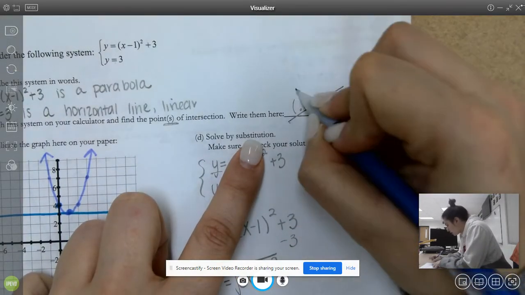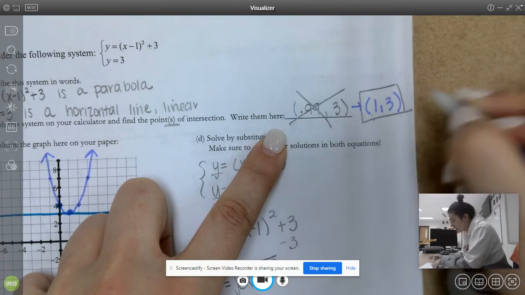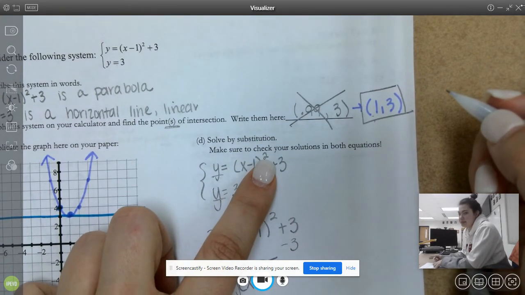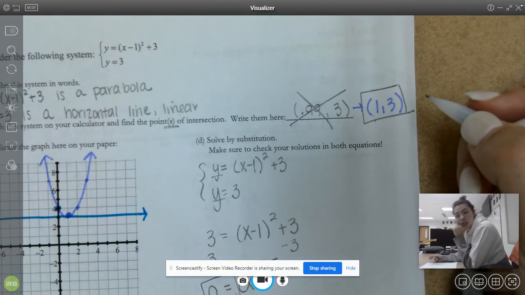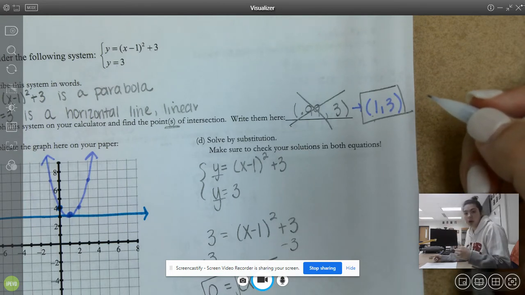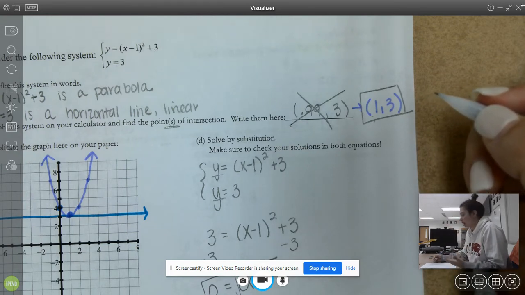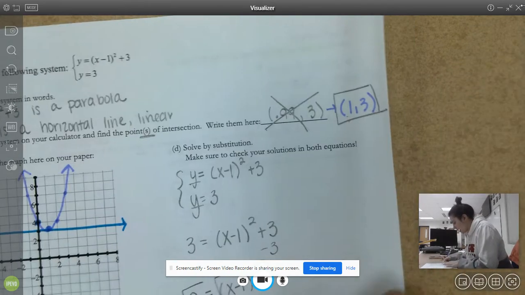Sometimes our calculators are a little off. 0.99999 repeating is very, very close to 1. Sometimes it also has to do with the window of the calculator. It couldn't quite see that the vertex of the parabola was at 1. It may have looked a slight tad bit off, but that's okay.